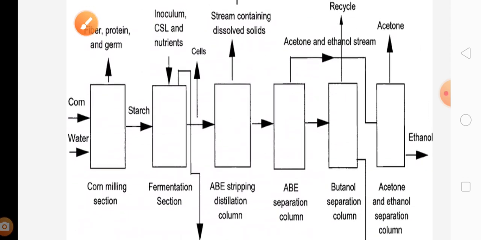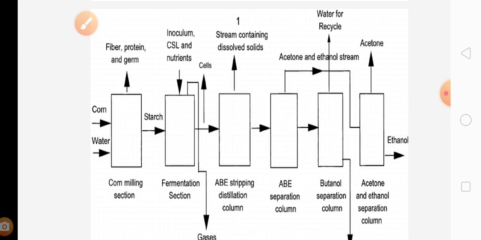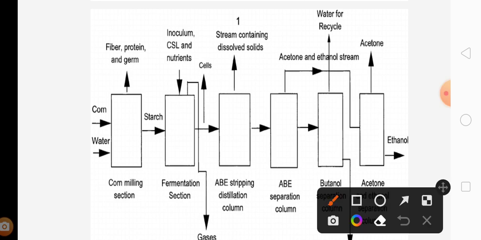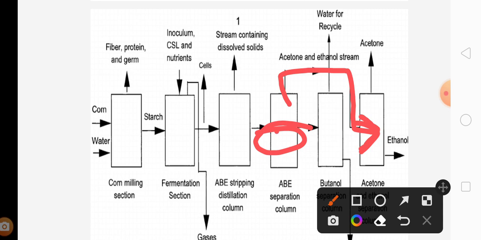Now from the distillation column, ABE enters the ABE separation column. Here acetone, butanol and ethanol will be separated. So from the separation column, acetone and ethanol move to the acetone ethanol separation column and butanol moves to the butanol separation column.